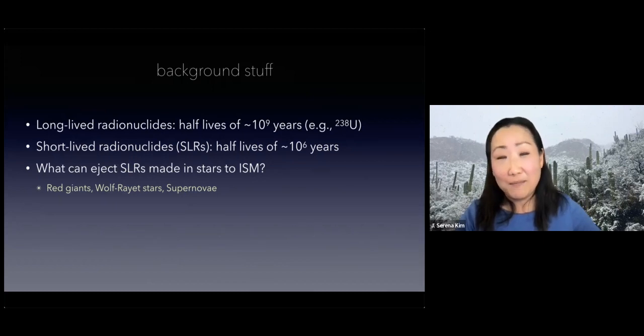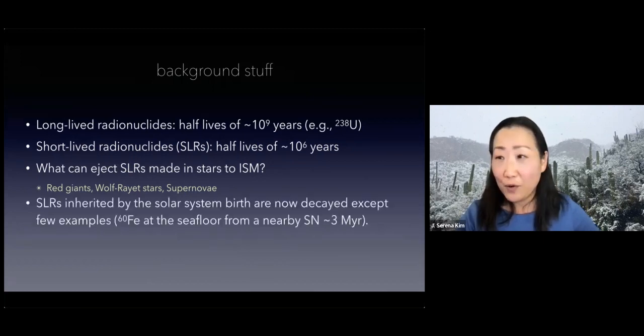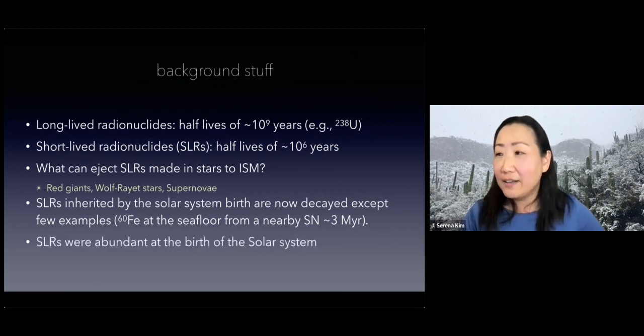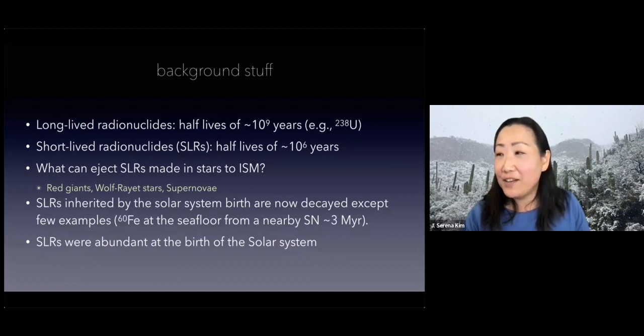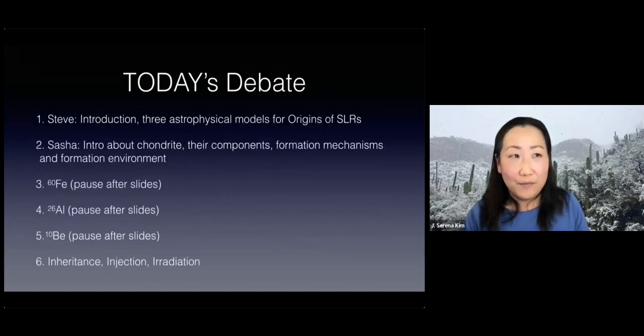Red giants, Wolf-Rayet stars, or supernovae. These SLRs inherited by the solar system at birth have now decayed, except for a few examples, like iron-60 in the seafloor from nearby supernovae about 3 million years ago. These short-lived radionuclides were abundant at the birth of the solar system, and you will hear a lot about this. How can we use that to figure out the solar system formation?